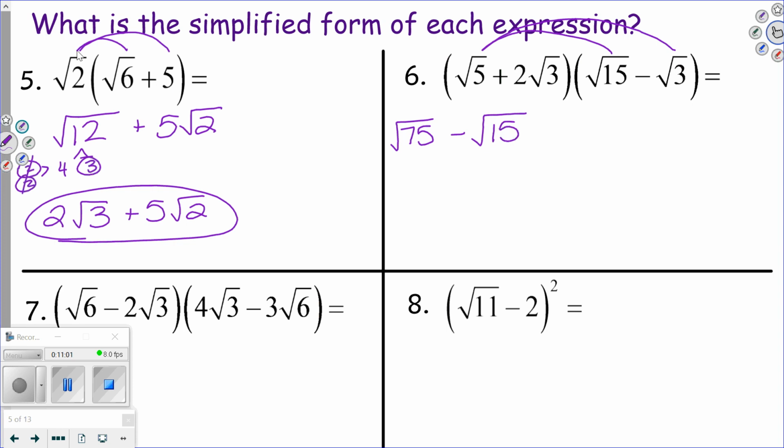Make sure you watch your signs. If you mess up anywhere, it's just usually because you miss a sign. All right, now we have to distribute the second term. 2 radical 3 times radical 15. Good. 2 radical 45. 3 times 15 is 45. And then 2 radical 3 times negative radical 3.